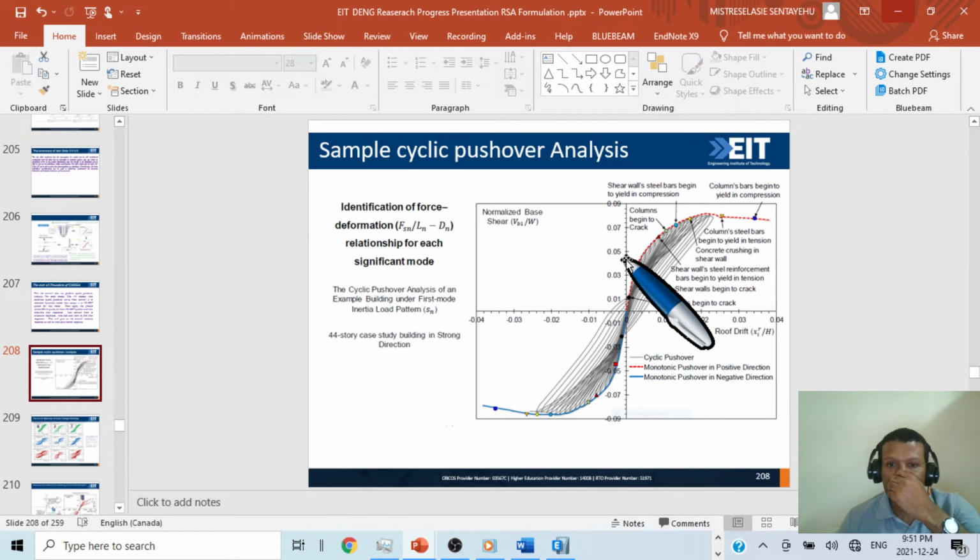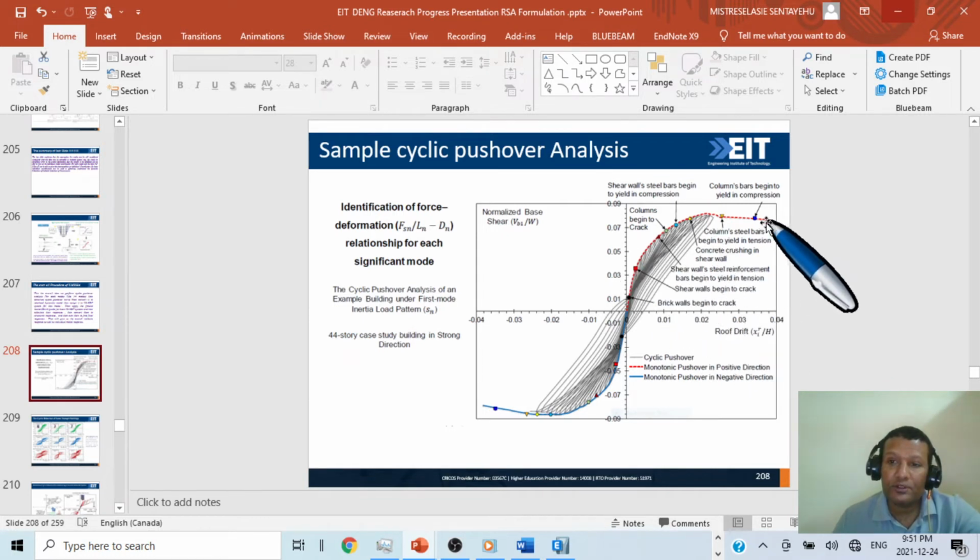Once you get this in Perform 3D, it will give you the performance of each component of your structure. For example, at this level, the brick wall begins to crack. At this level, the shear wall begins to crack. At this level, the shear wall steel reinforcement bar begins yielding in tension.